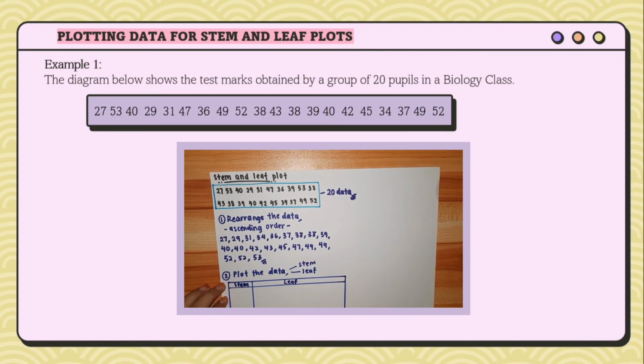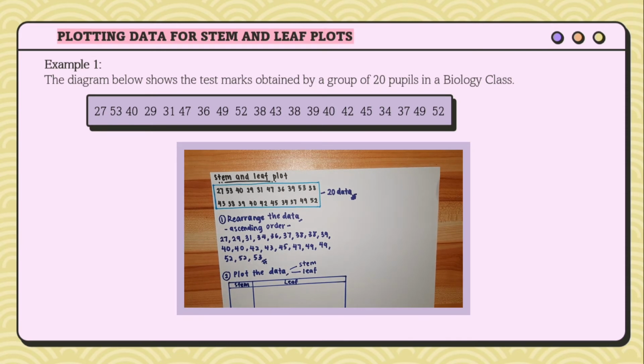Okay, the next step, we will start plotting the data from the stem. We need to identify which one is the stem and which one is the leaf based on the data that we have rearranged just now. Alright, so what are the stem and what are the leaf?